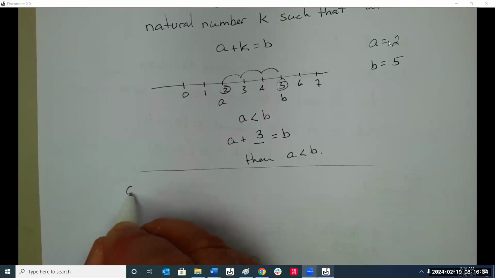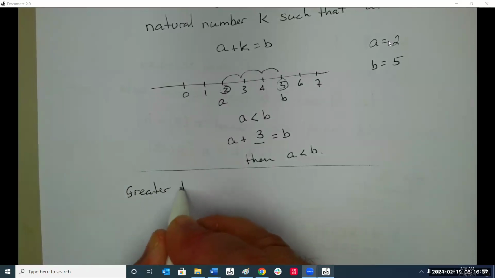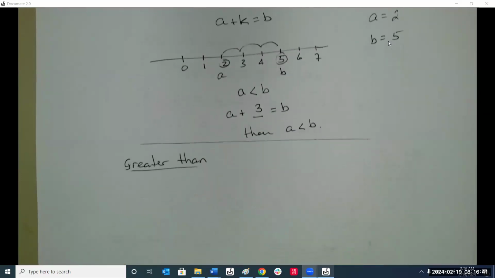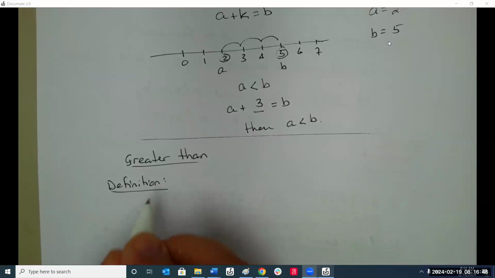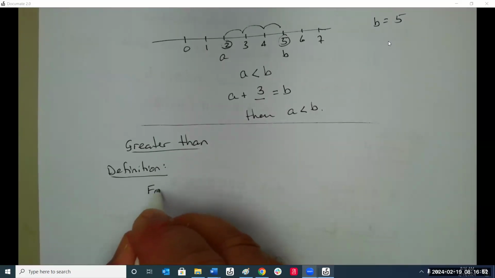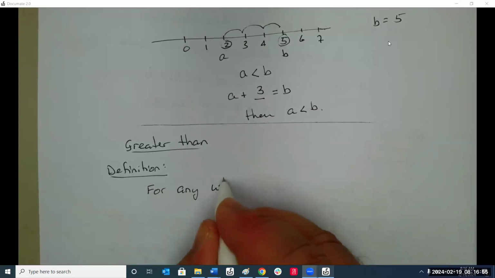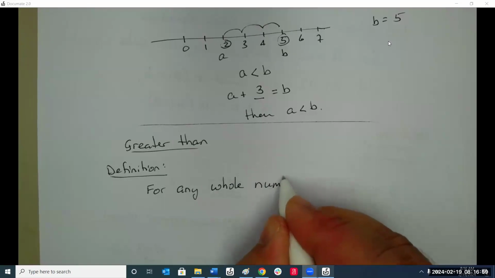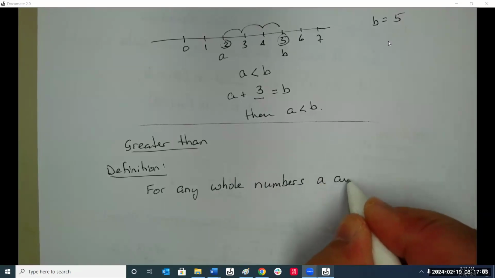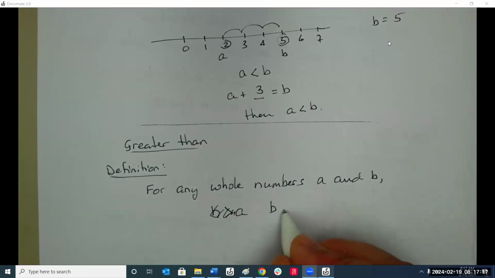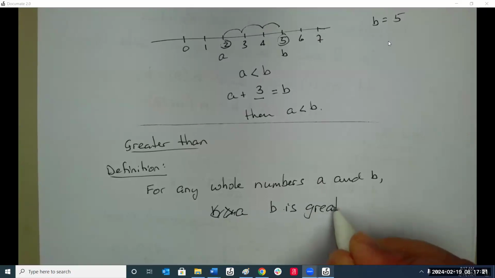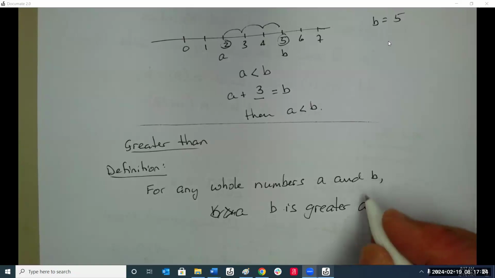All right. So now we'll look at greater than. That definition: for any whole numbers A and B, B is greater than A. So we stay with the same as previous.